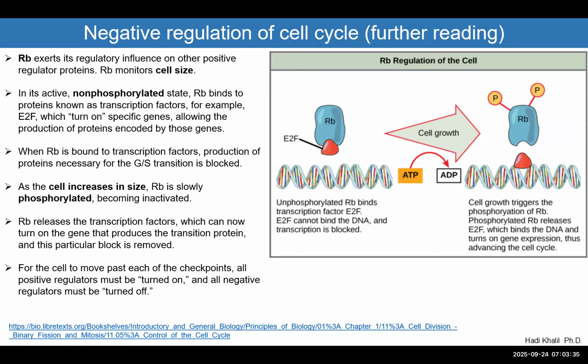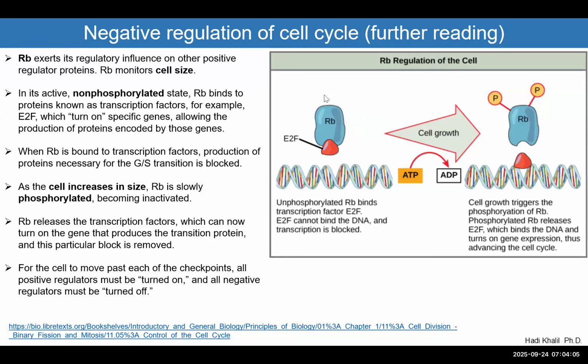Okay, so let's move forward. So the second part, the second example of the negative regulation of the cell cycle, this we have discussed already a couple of times so far, which is the retinoblastoma protein. And as you can see, this protein is mostly depending on the phosphorylation event. In normal conditions, it's very similar to the P53.